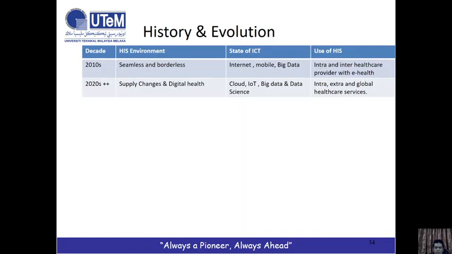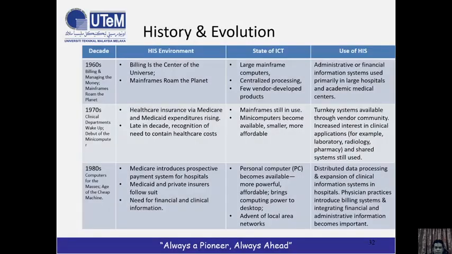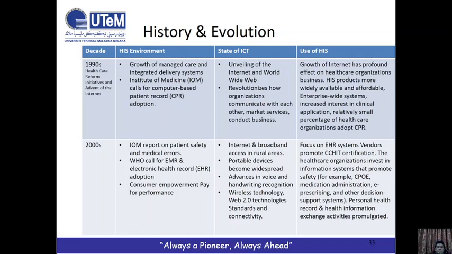So as you can see, the state of ICT is very late adopted in healthcare organizations. We start with the mainframe, step by step, and of course the focus of HIS is administrative first, and then they move to the clinical information system. You see, from 1960 until 1990, then they start the electronic medical record.